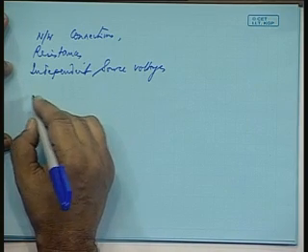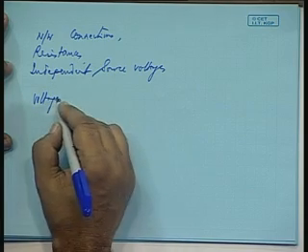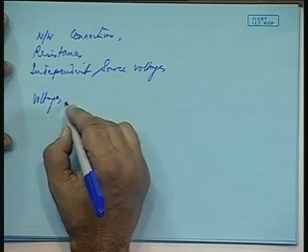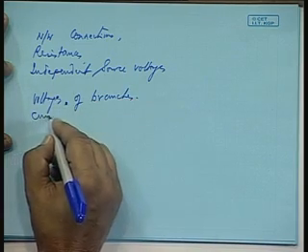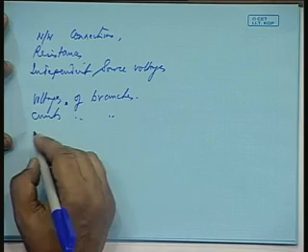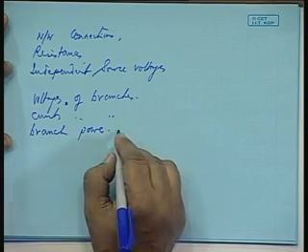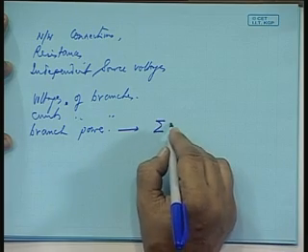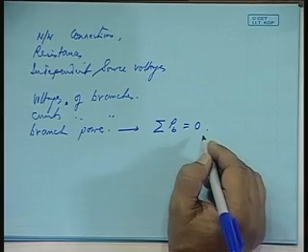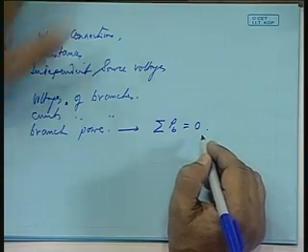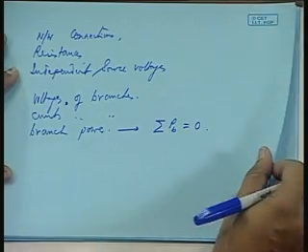You are required to solve voltages of branches, currents of branches, and then branch power. And you have to check the summation of branch power should be equal to 0. This is Tellegen's theorem, which states that the sum of the total branch power is equal to 0. So, we will have to verify this relationship.